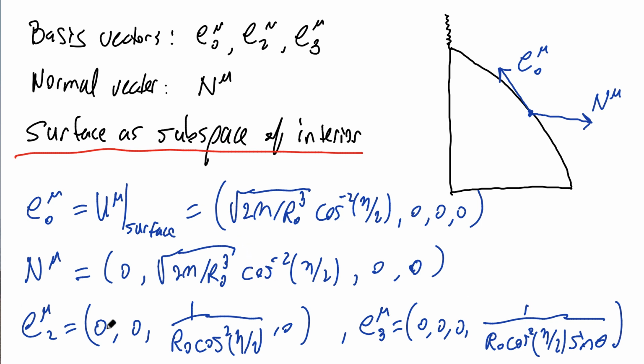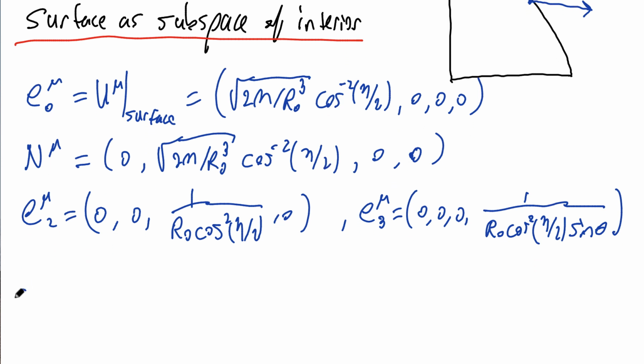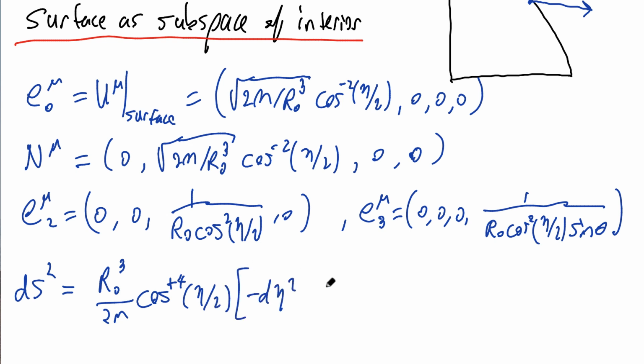So you can verify that all of these vectors are normalized and they're all orthogonal to one another. And now we compute the extrinsic curvature, of course using the interior metric. So I'll remind you the metric inside the ball of dust is r naught cubed over 2m times cosine to the plus 4 power of eta over 2 times minus d eta squared plus d chi squared plus sine squared of chi d omega squared.